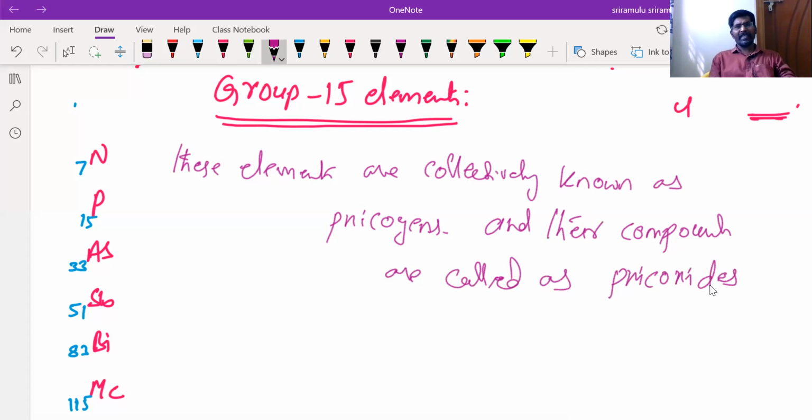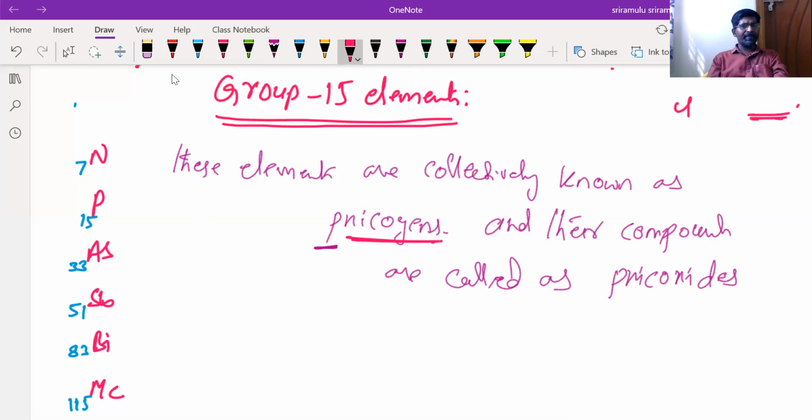Okay, students, once again, the 15th A group elements: nitrogen, phosphorus, arsenic, stibium, bismuth, moscovium. These elements are collectively known as pnicogens, or nicogens. The P is silent. So this name is pnicogens, and their compounds are called pnictides.